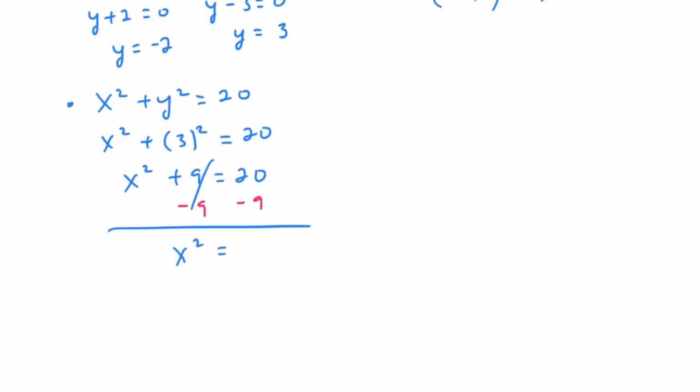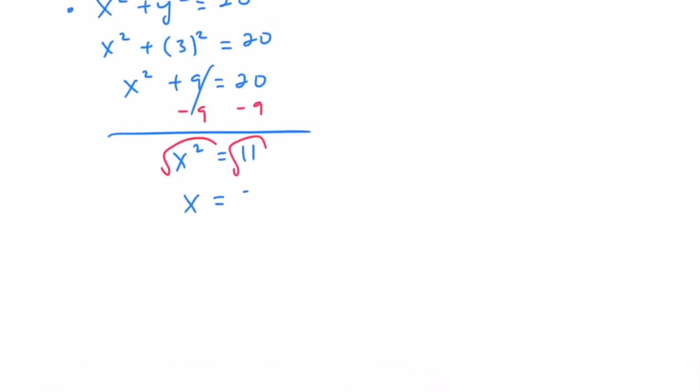So x squared is 11. Take the square root on both sides. So x is plus minus square root of 11. So here there are two answers. The y value is 3. The x value we have a square root of 11 and a negative square root of 11. So there are 4 answers altogether.